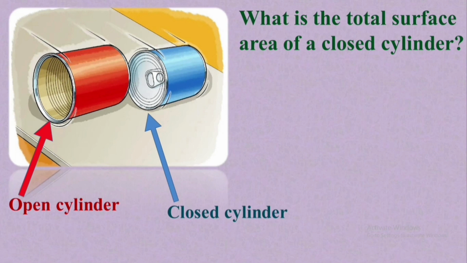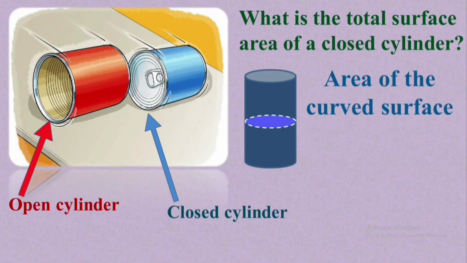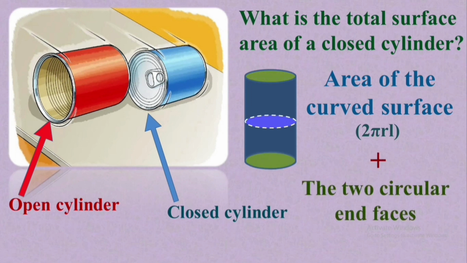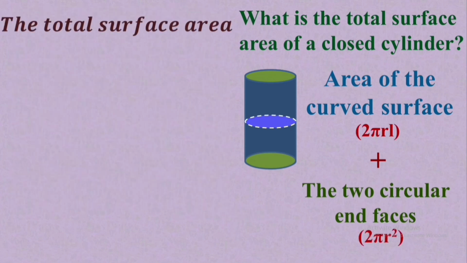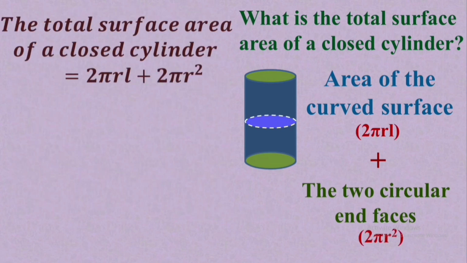So, the total surface area of a closed cylinder is the sum of the area of the curved surface, which is 2 pi r L, and the two circular end faces, which is 2 pi r squared. We can mathematically state this as the total surface area of a closed cylinder equals 2 pi r L plus 2 pi r squared.